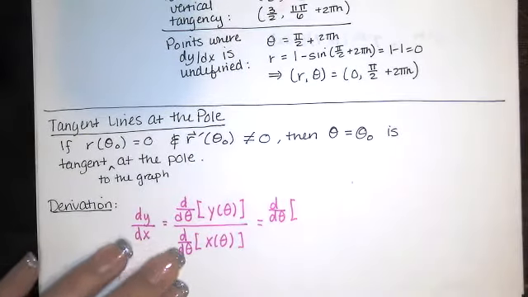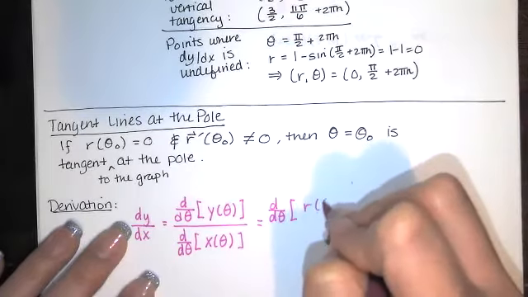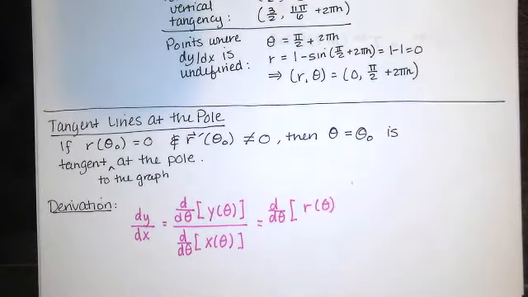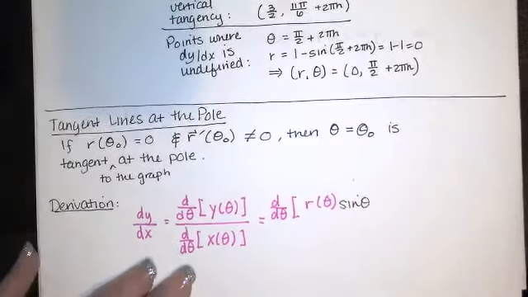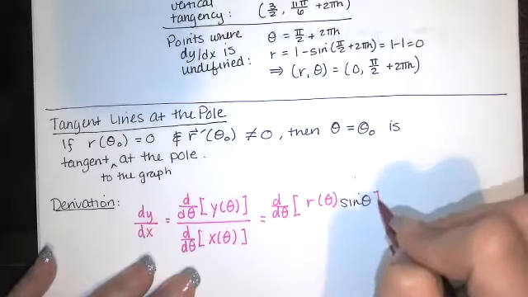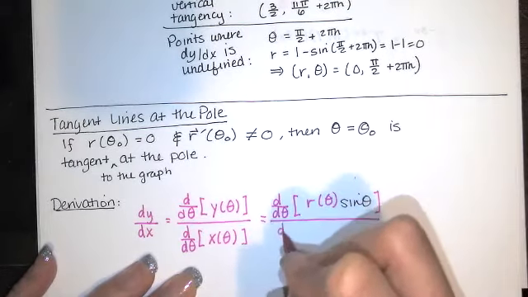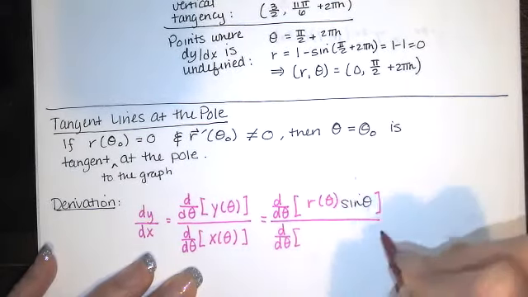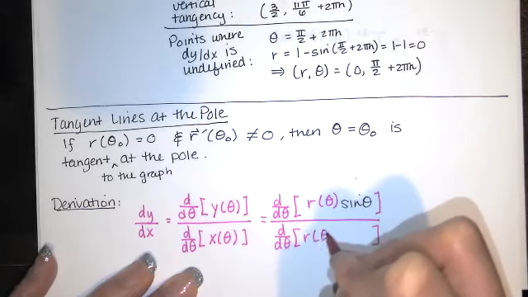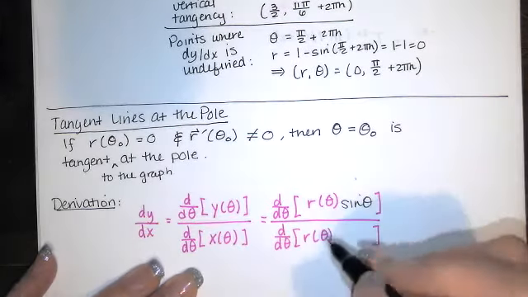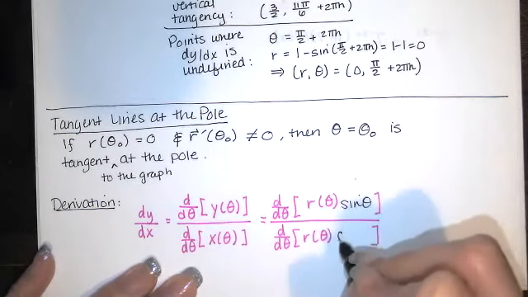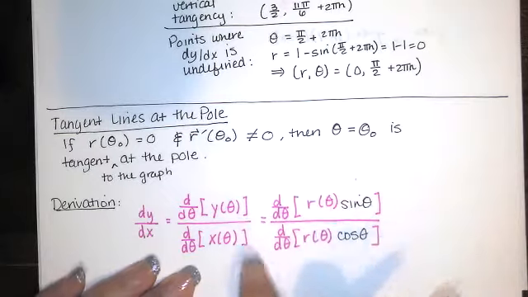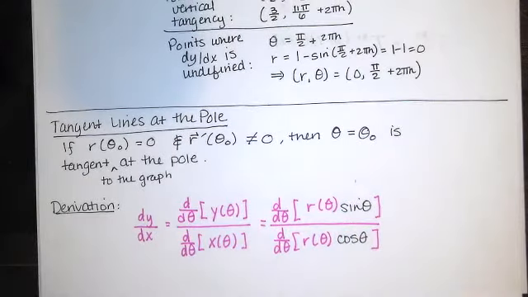If we're in polar coordinates, y is r of theta times sine of theta, and x is r of theta times cosine of theta. Now, we can use this to derive a formula for the derivative of y with respect to x. I prefer not to use that formula in general, although it is useful in proving this result up here.